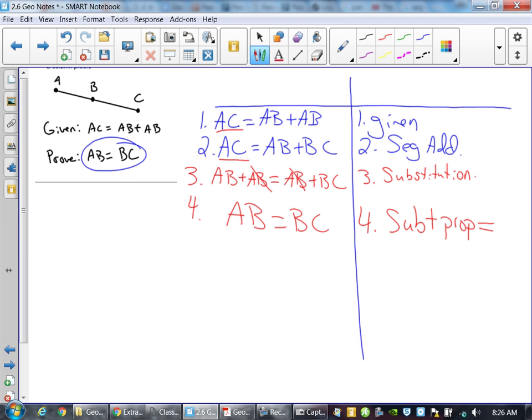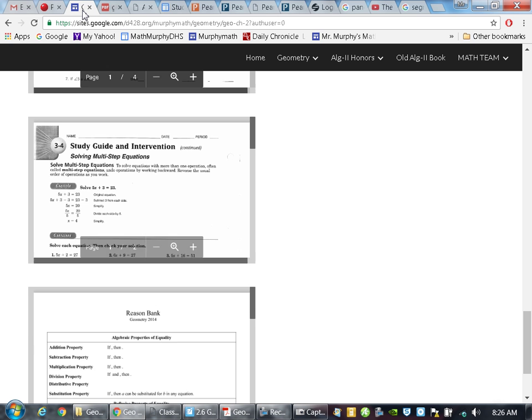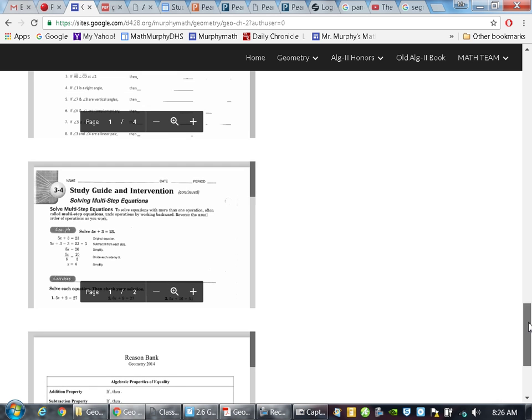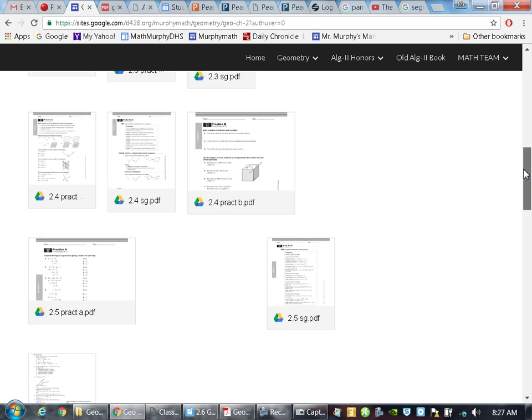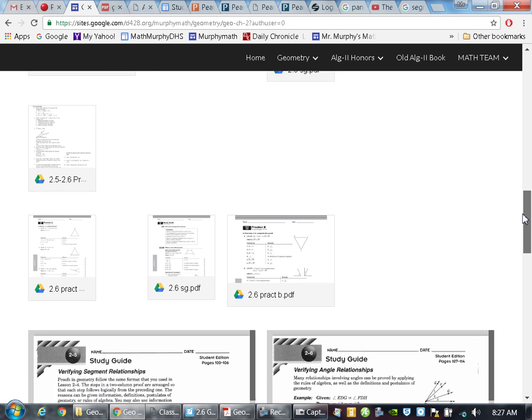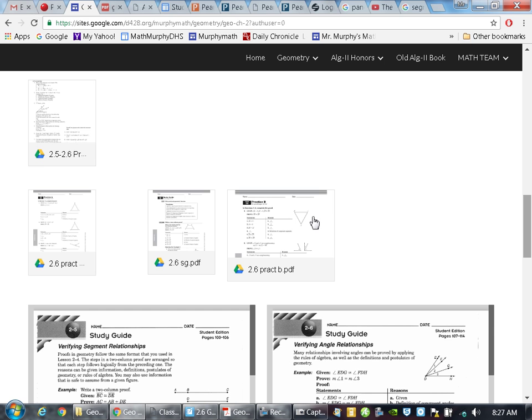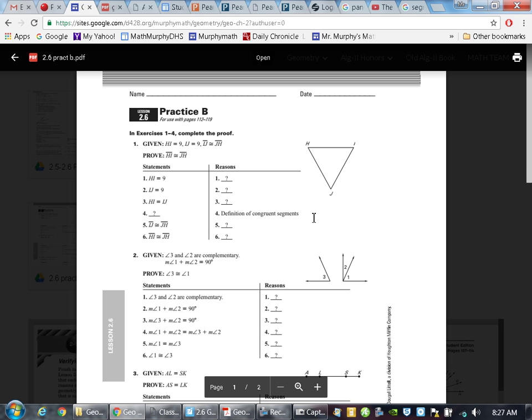Okay. Now I know that we went a lot longer through some of these things than I had thought, but what I'd like you guys to try, let's see if I can find it real quick, on the Chapter 2 tab, it's the 2.6 Practice B. There are two fill-in-the-blank questions, number 1 and number 2.